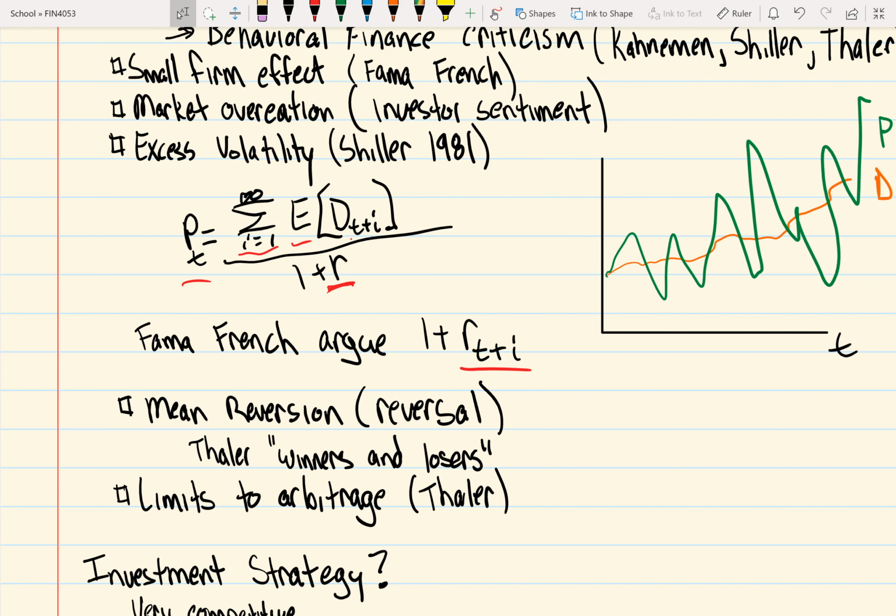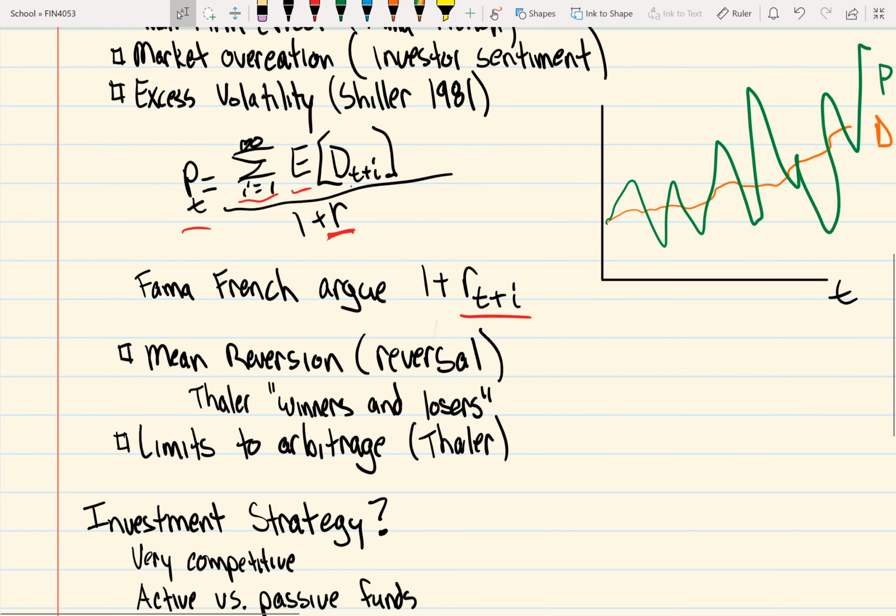There's cost to gathering information and things like that. So this would be an argument against the arbitrage. So he would say, hey, the market's inefficient. And then somebody like Fama and French would say, actually, it is efficient because people would arbitrage away any inefficiencies. And then Thaler comes back to that and says, no, there's these limits to arbitrage, which would keep mispricing persistent.